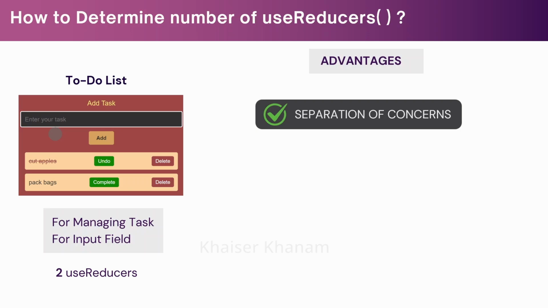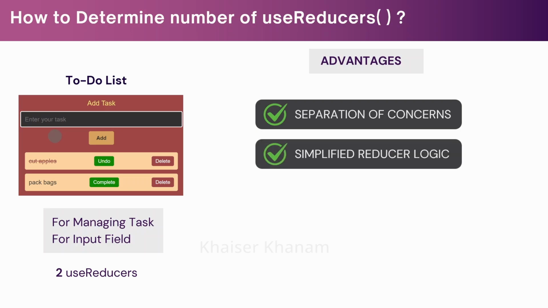So in this project, for managing the task and for handling the input field, we have created separate state, which helps us organize our code more cleanly and efficiently. Then, simplified reducer logic. By splitting these concerns, each reducer focuses on a specific part of the logic. This results in simpler and more readable reducer functions as they don't have to handle unrelated actions.